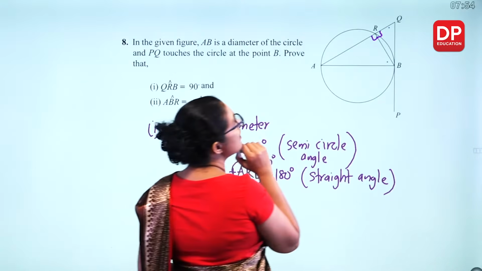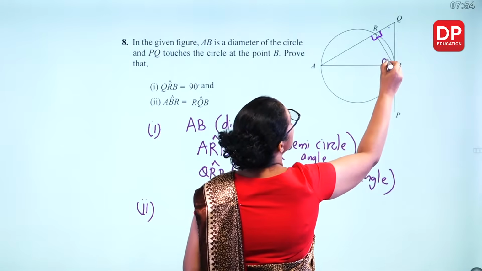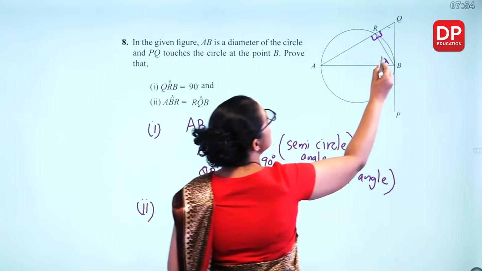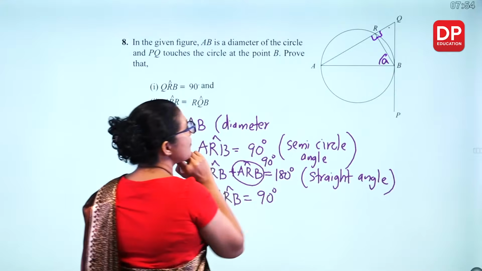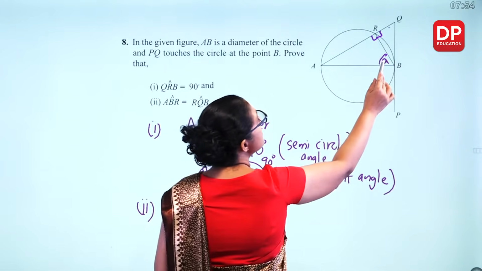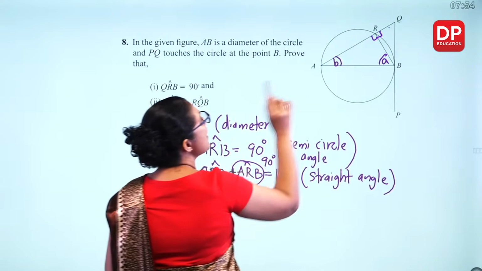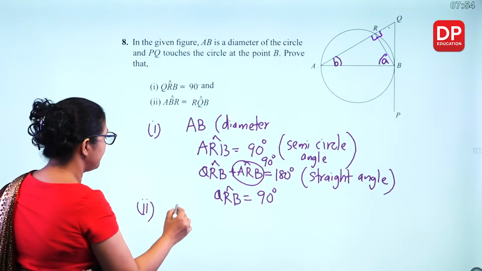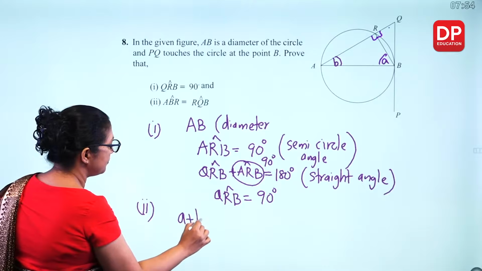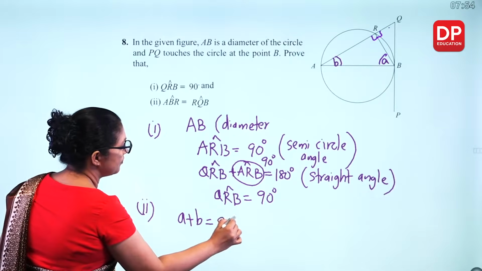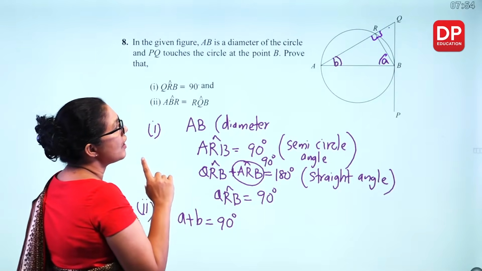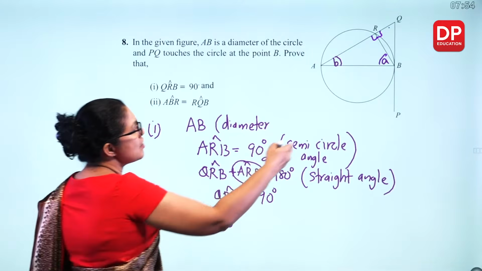We'll put a letter here. This is A. If this is A and this is B, A plus B is 90. Now look at this tangent.